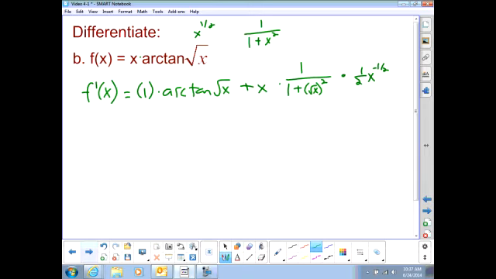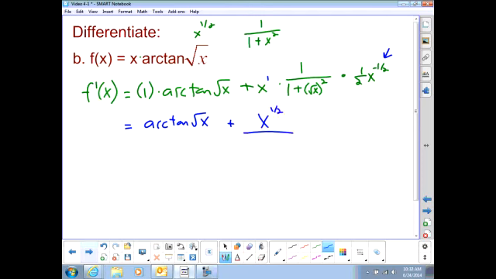So again, it's perfectly fine to leave your answer like this. If you want to neaten it up, we can write this as arctan square root of x. In our numerator, we would end up with just an x to the 1/2. The reason being, you have an x to the first and an x to the negative 1/2, giving you an x to the positive 1/2.